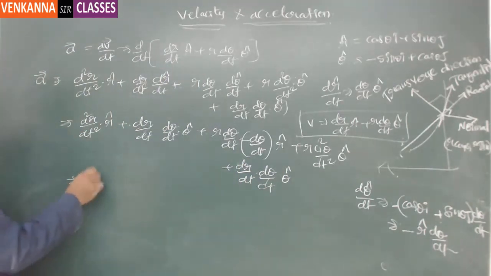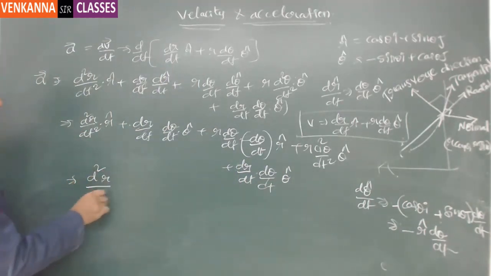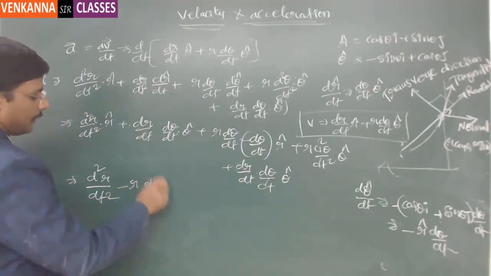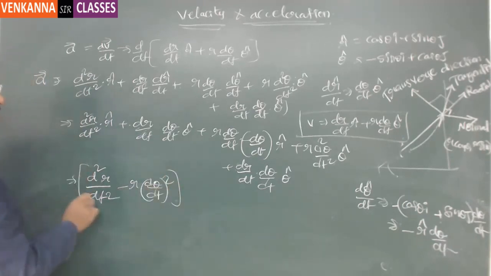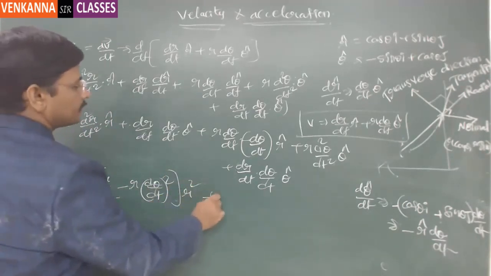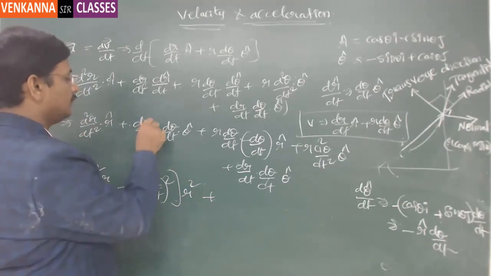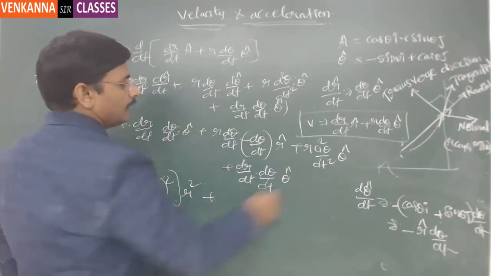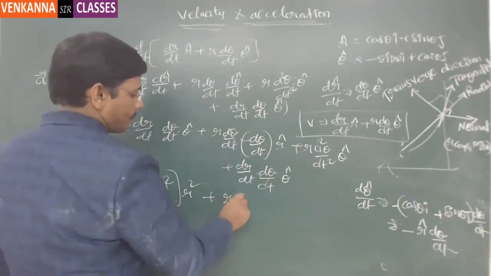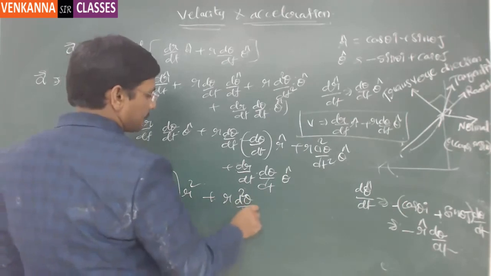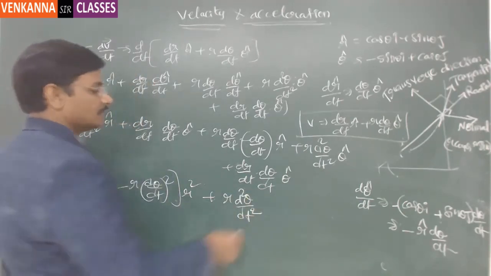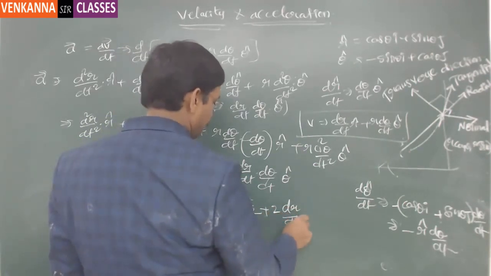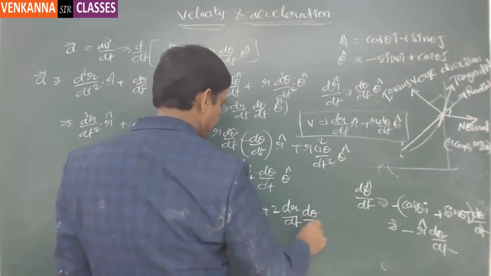Now, if I write the radial component, d square r by dt square minus r times (d theta by dt) whole square, into r cap, plus the theta cap component, which involves dr by dt and d theta by dt, and r d square theta by dt square plus 2 times dr by dt into d theta by dt.